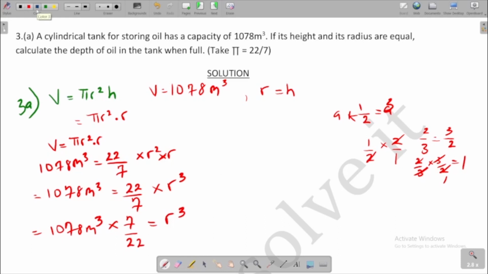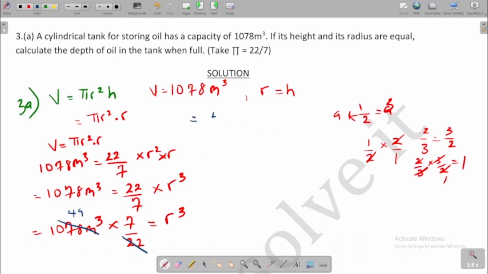So then if you divide 1078 divided by 22, the answer will be 49. So you divide this and this, you have 49.